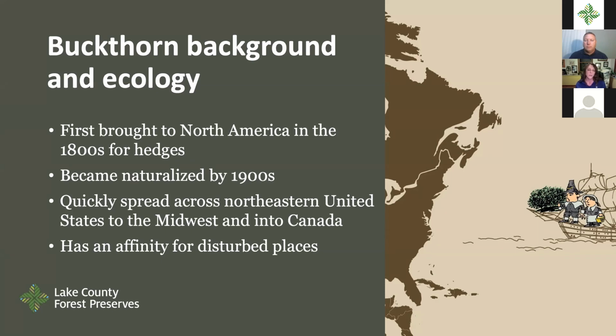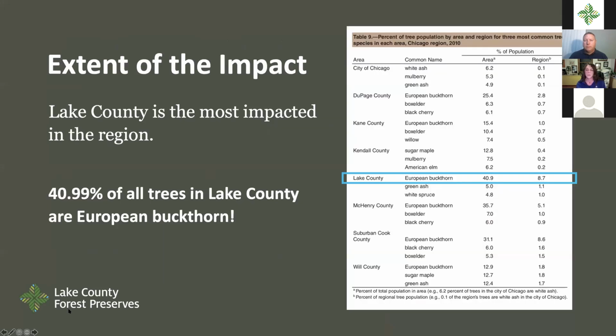And these species have an affinity for disturbed places. So you chop up the soil or things change and they just move right in and do very well in those spots. So that's a little bit of background on how it got here and how it's spreading. And then, how bad has it gotten since then?